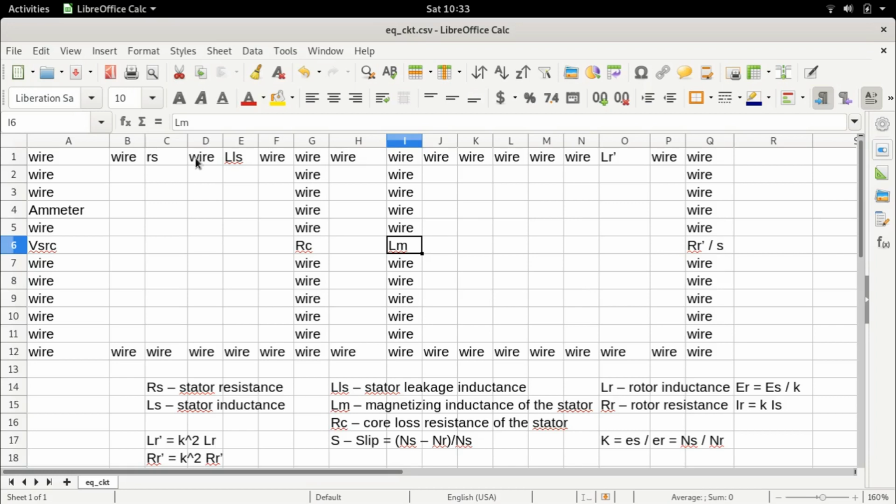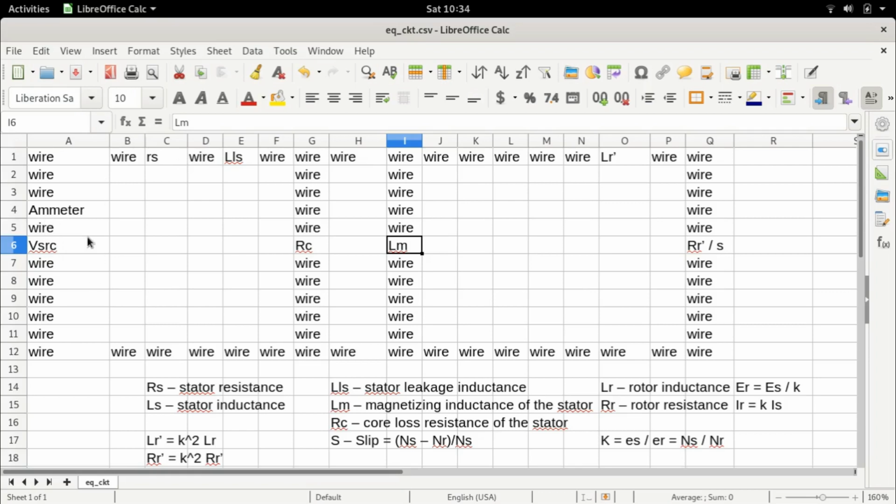Every machine will have a rated power and a rated voltage. From the rated power and the rated voltage, we can calculate the rated current. So all we have to do is increase the source voltage very gradually until the current flowing in the stator is equal to the rated current.